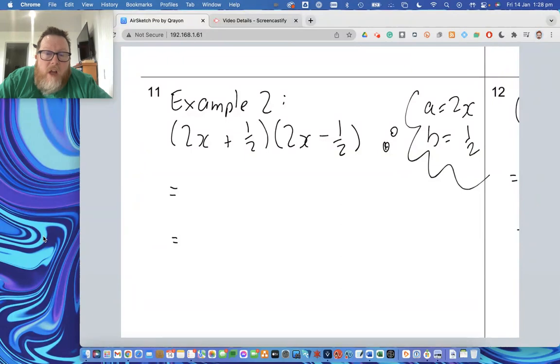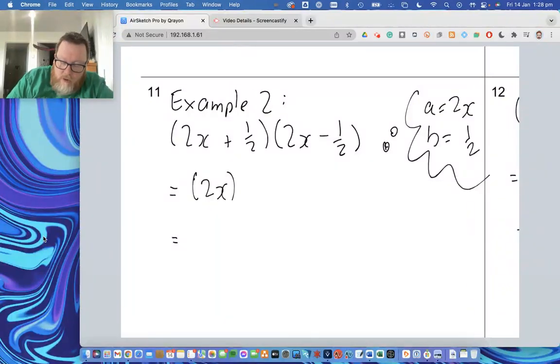Pause the video, have a go at it. You can see I've done it in 2 lines. See if you can do it in 2 lines without using the chicken beak method or the box method. Hopefully you've paused the video and worked that out, but if you haven't, no worries. This middle line is optional. If you can just go straight to the final line, even better, but I don't expect you to.